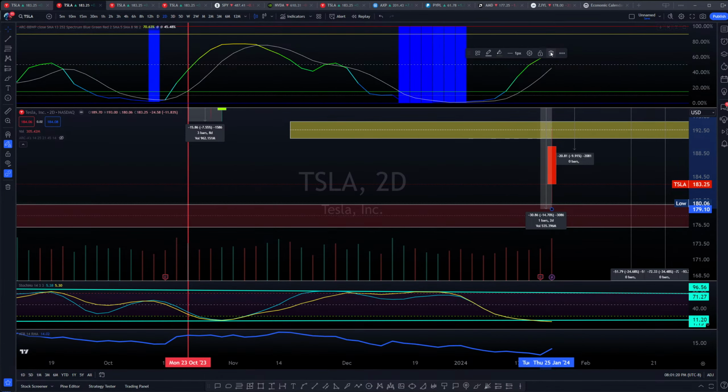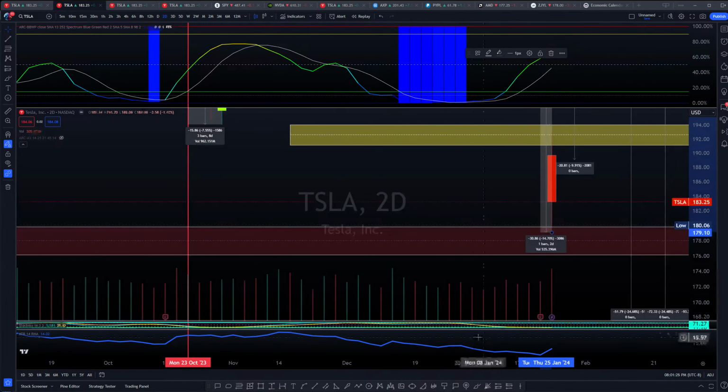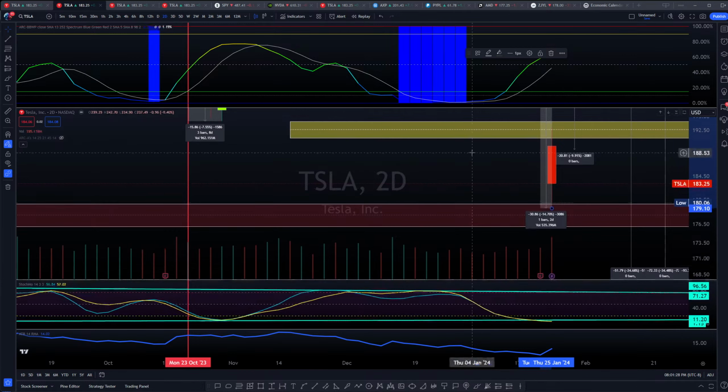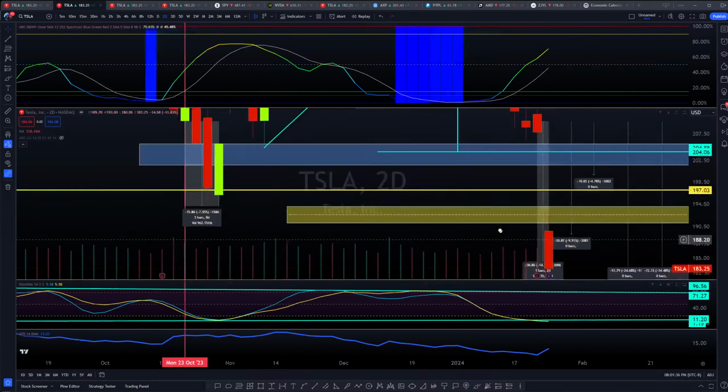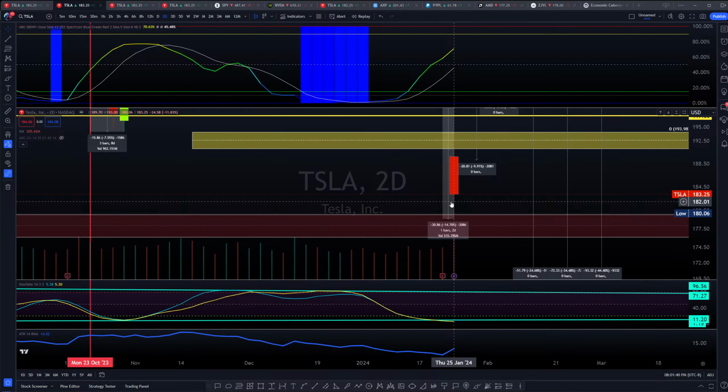Anytime that volatility has expanded and you've had a downside pivot on stochastic momentum, that has about an 83% probability that we would face a move that would be 14.70% to the downside. And that 14.70% we already knew of way up there. And it came down to a low of 180.06. So very, very close to that statistical target.